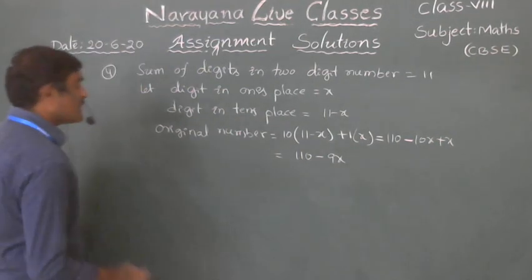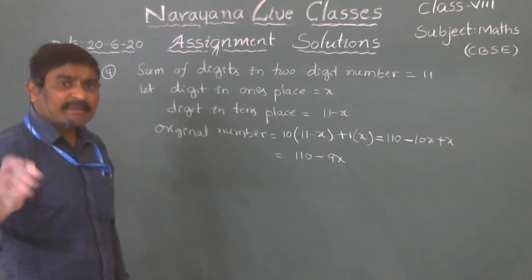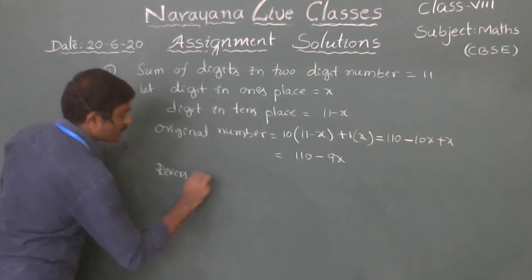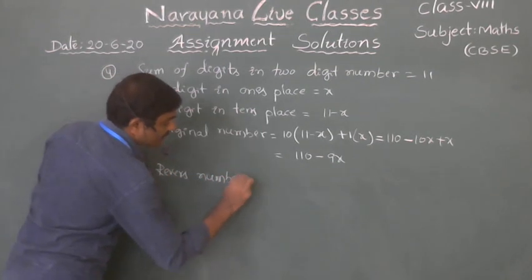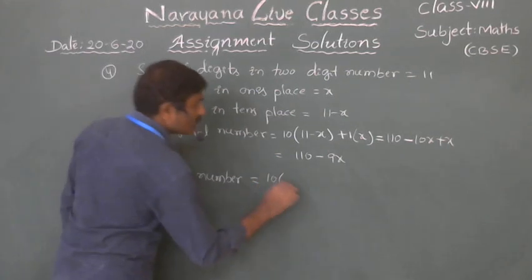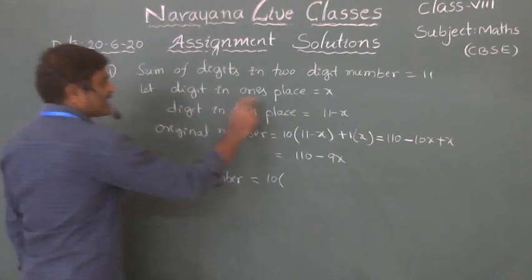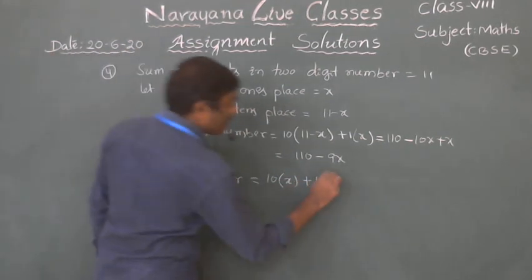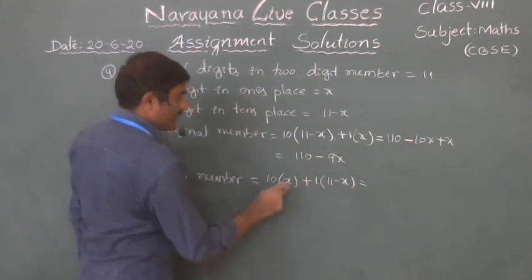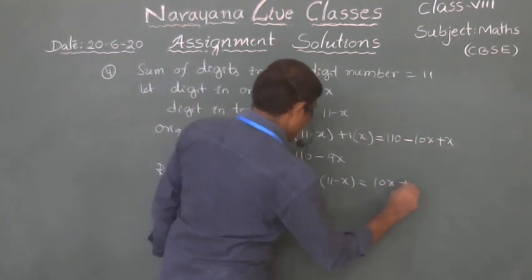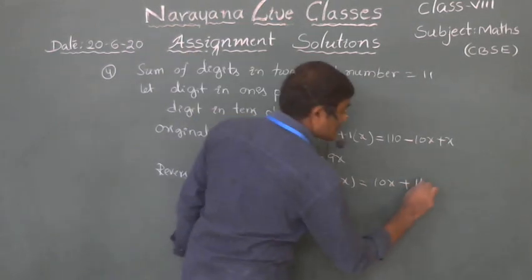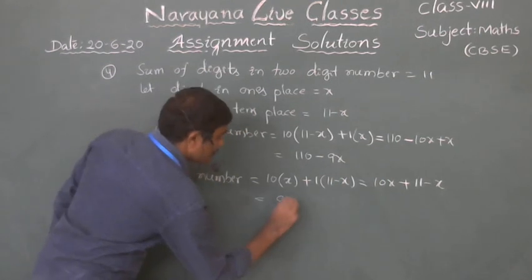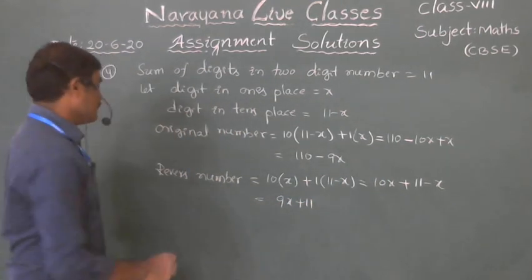So reverse number equals 10 into ones place digit x, plus 1 into tens place digit 11 minus x. So 10x plus 11 minus x, that is equal to 9x plus 11. This is the reverse number.